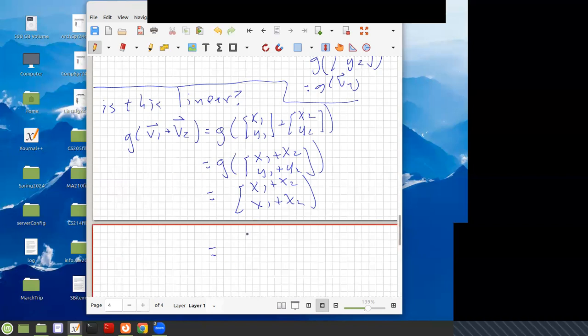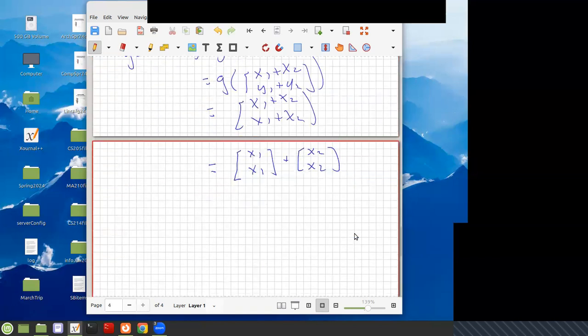Well, I can see here that I can sort of undo this sum here. This is equal to X1, X1 plus X2, X2. Okay, well, this is G of X1, Y1 plus G of X2, Y2.